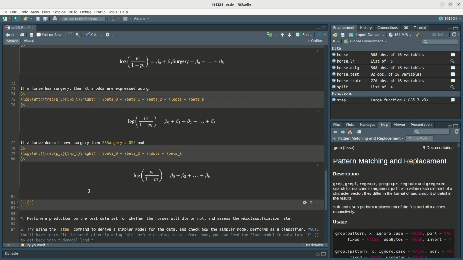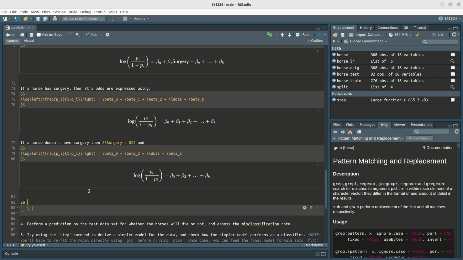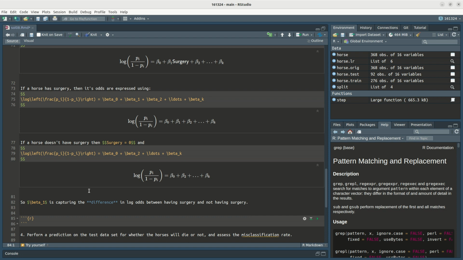Okay, so beta 1 is capturing the difference in log odds between having surgery and not having surgery. So that's what beta 1 is telling you.